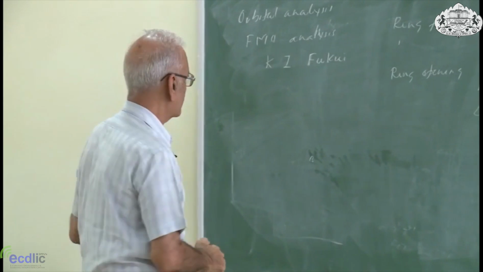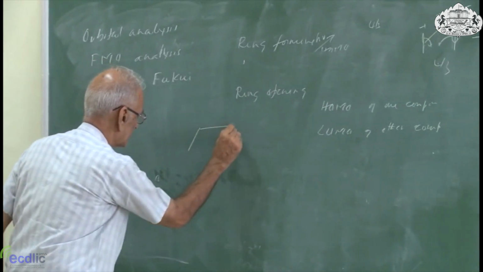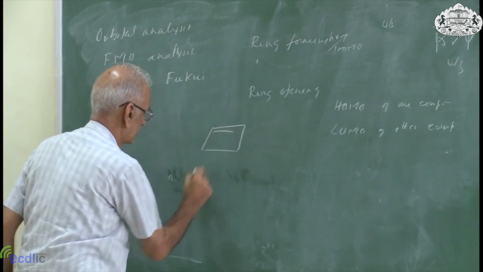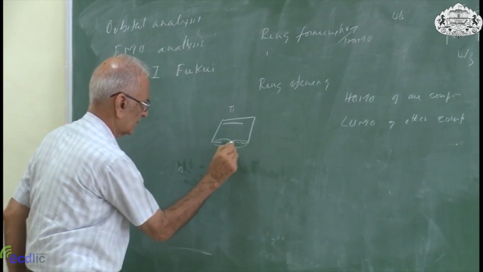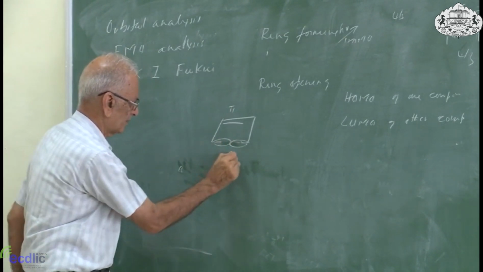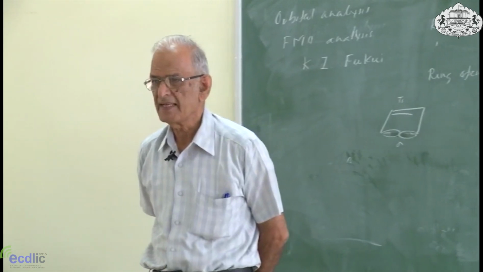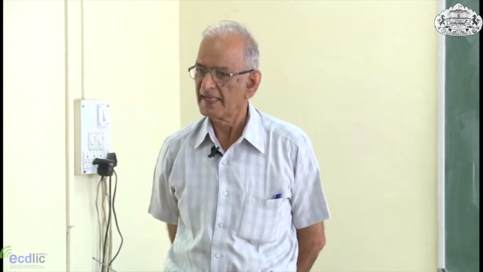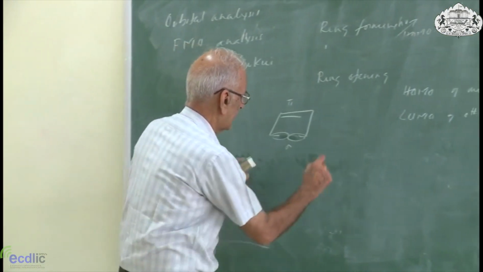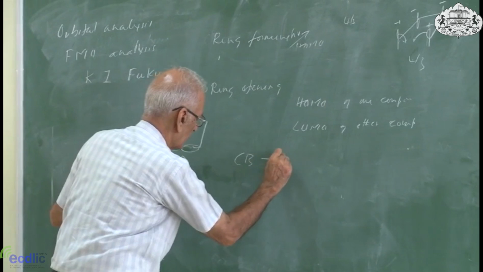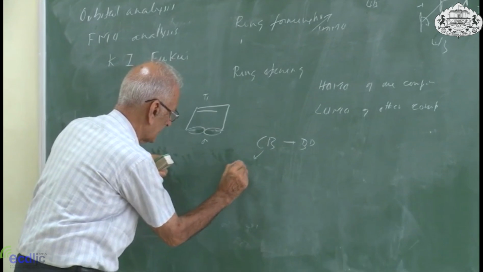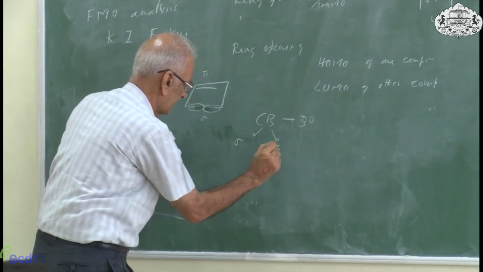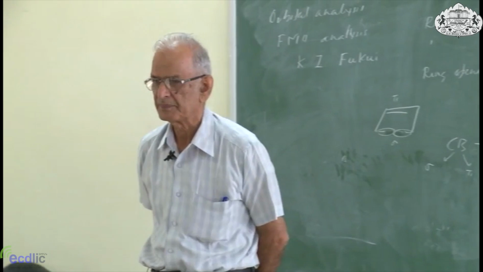What are your components? Your components are a sigma orbital and a pi orbital. So, for your cyclobutene going to butadiene, what are your two components? One is a sigma orbital, one is a pi orbital.